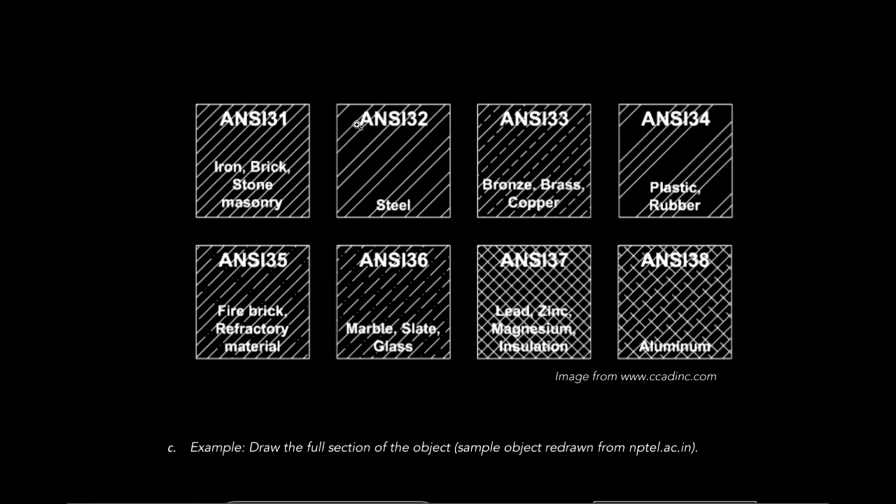For steel, the hatch lines have equal spacing, alternating from small spacing to large spacing. For bronze and any copper alloy, brass, the hatch lines alternate between broken and solid lines. For plastic and rubber, it's four hatch lines followed by a large space, then four hatch lines again, and so on. So there are many types of hatch lines.